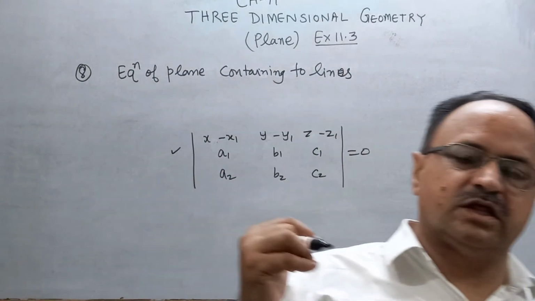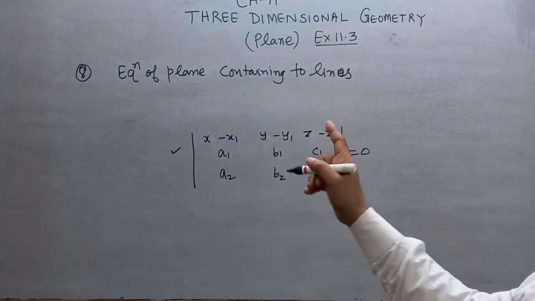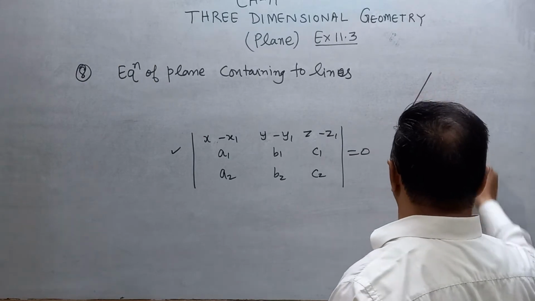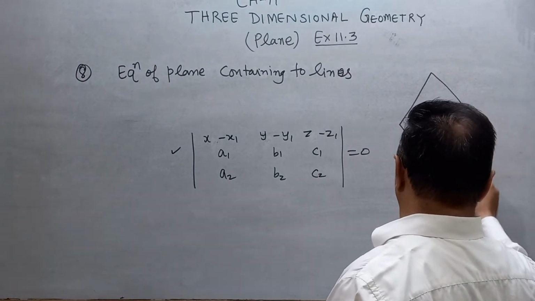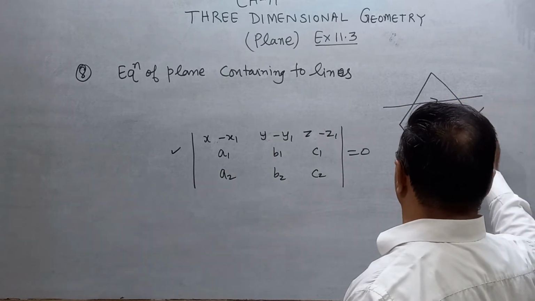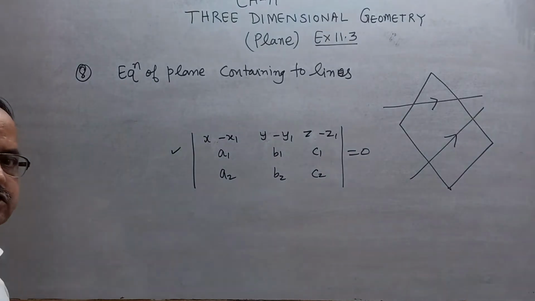A formula not given in the NCERT book. Clear? Very important formula. Suppose this is the plane and the plane contains two lines like this. Equation of plane containing two lines. Then you can use this formula.